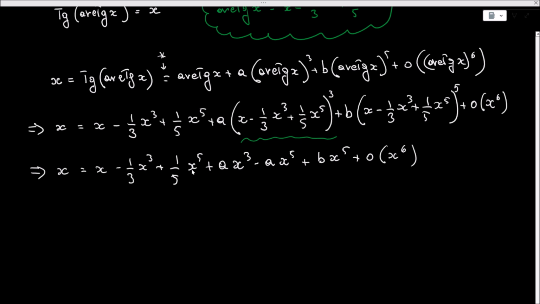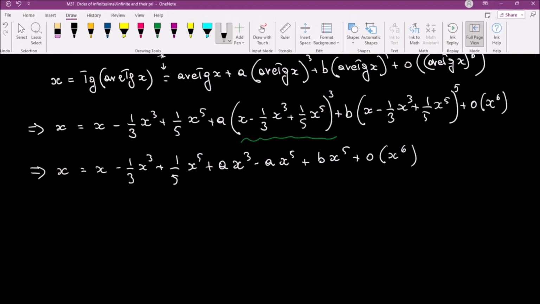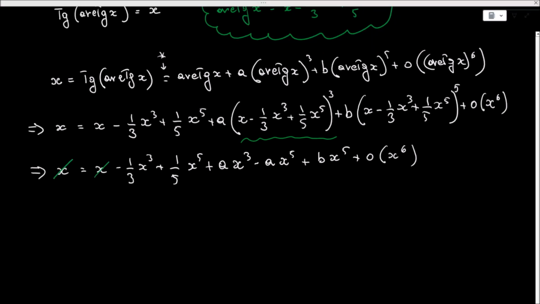Finally, we can rewrite this by just simplifying this x and this x.